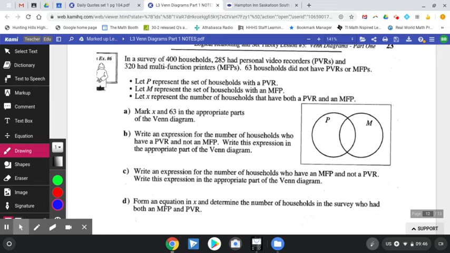In a survey of 400 households, so there's our universal set, 285 had personal video recorders or PVRs. 320 had multifunction printers. 63 households did not have PVR or multifunction printers.